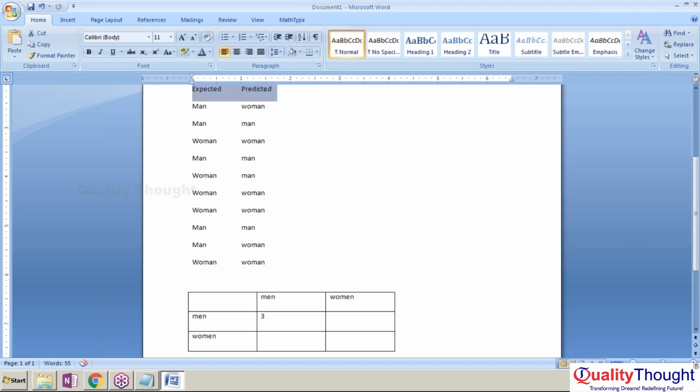If you take a look at this one, we can clearly see man as man: 1, 2, 3. Three times. How many times is man predicted as woman? 1, 2. Man predicted as woman: 2. Next one. Woman predicted as man: only 1 time.